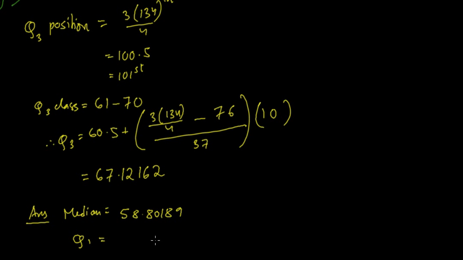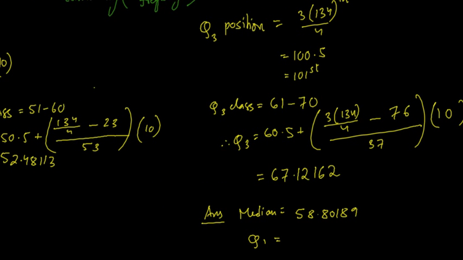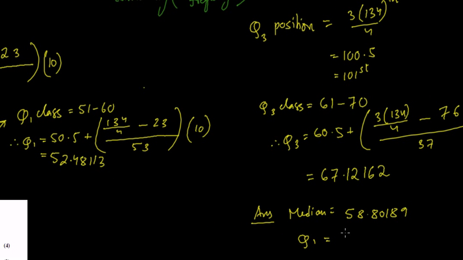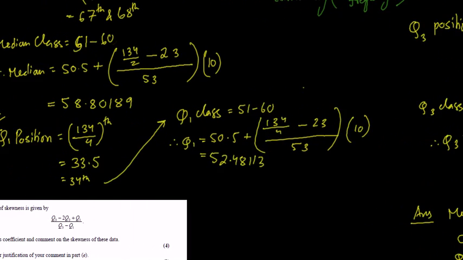Our first quartile was 52.48113, and our upper quartile was 67.12162. So these are the three values.